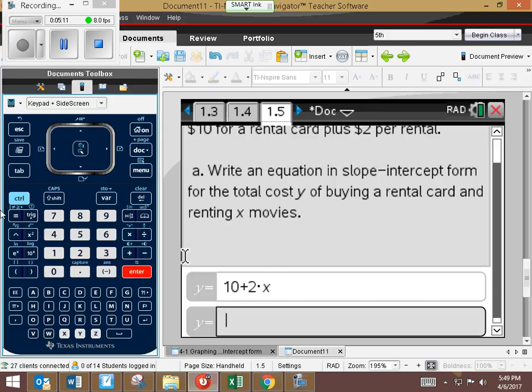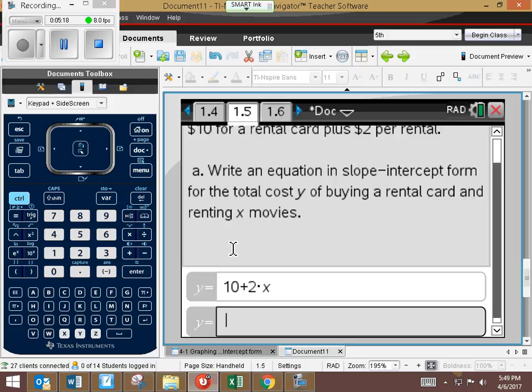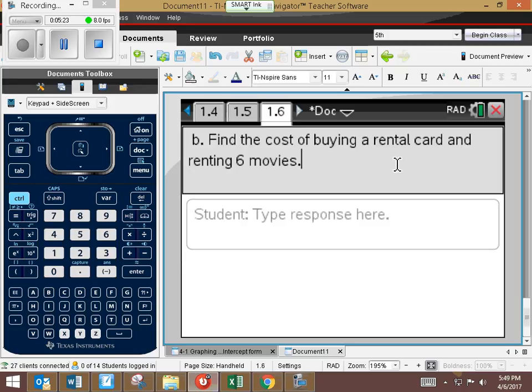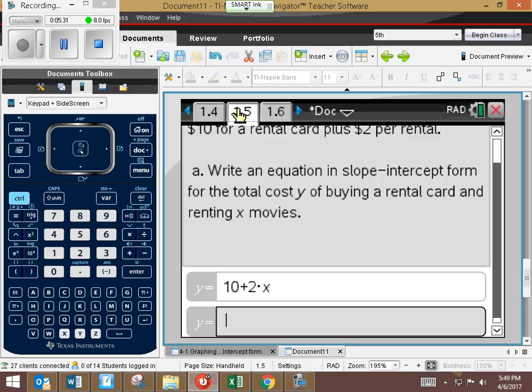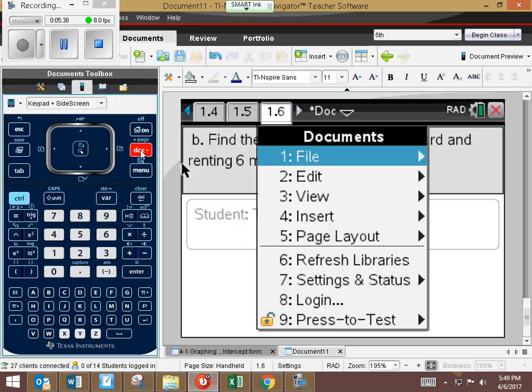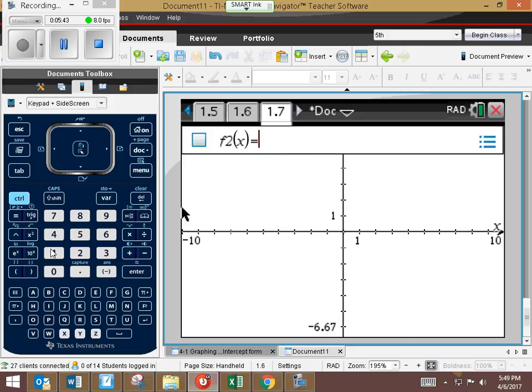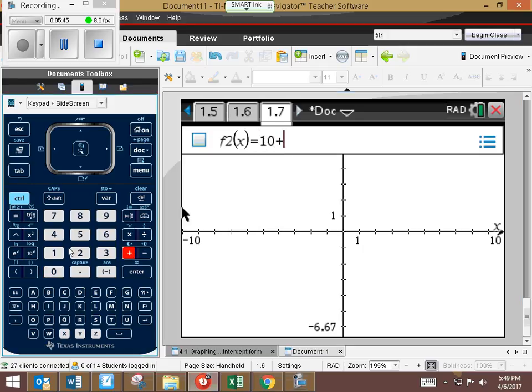Since I know the equation is 10 plus 2x, how do I find the cost of buying a rental card and renting 6 movies? I can graph this function, 10 plus 2x. I'm going to do doc 4, 4, and my equation was 10 plus 2x.